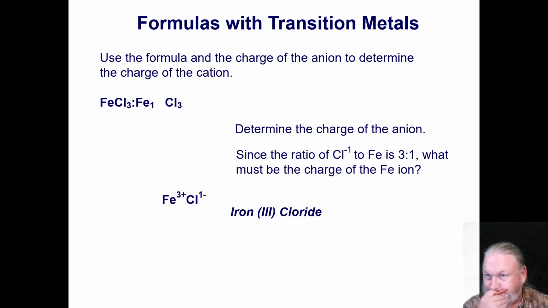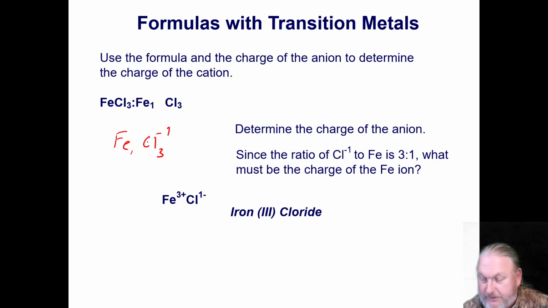Not bad. Another way of doing this is how I do it. So we're going to use that formula, right? I've got Fe1Cl3, all right? Another way of doing this is if I've got FeCl3, I don't know what that is. I know that's 1. So I know that Cl is -1. I know that's 3. So I'm going to do a reverse crisscross.